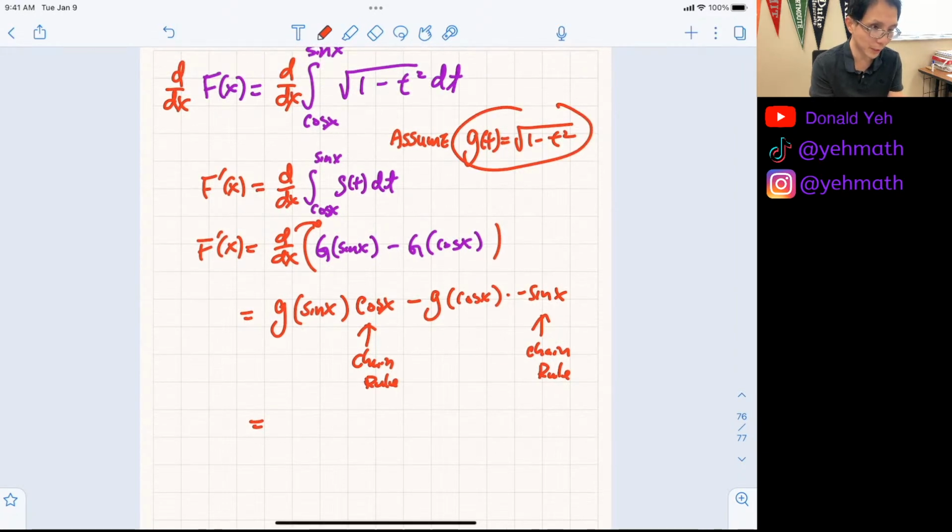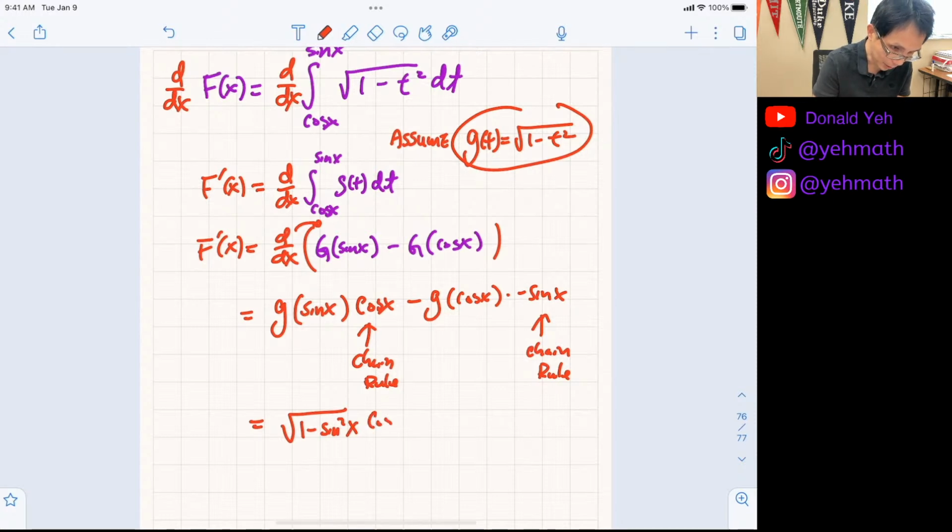If we assume g of t equals the square root of 1 minus t squared, can I just say that's equal to the square root of 1 minus sine squared of x times cosine of x, minus the square root of 1 minus cosine squared of x times what? Negative sine of x.